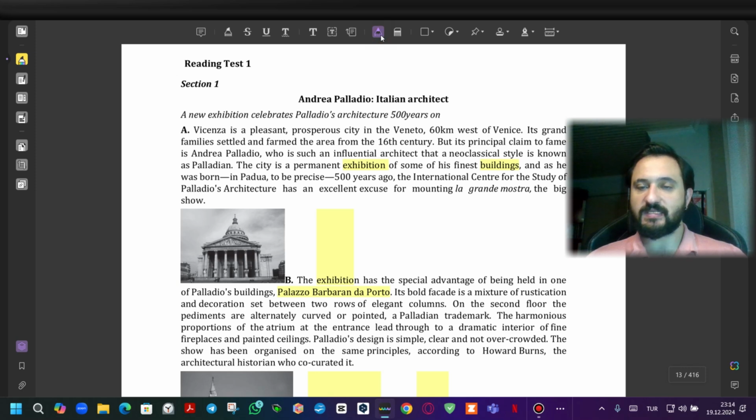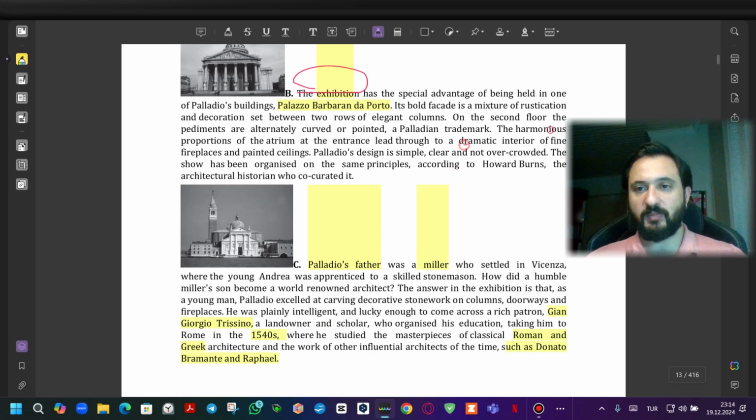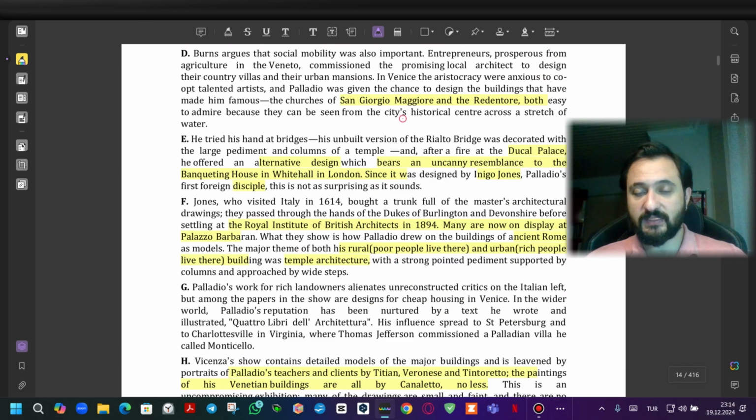You need to just scan the text to understand what's going on here. Italian architect, Vicenza, exhibition, buildings exhibition. Again, dramatic interior, fine, simple, clear, overcrowded. His father, skilled stonemason, and as you can see, pastimes, we have his previous studies, etc. Just very fast.